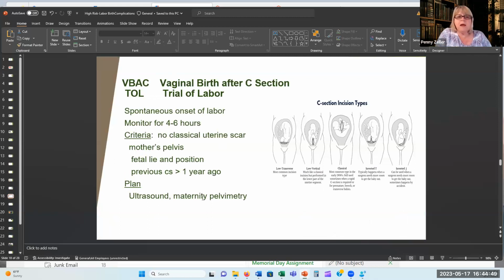There's a term called VBAC and TOL. VBAC means vaginal birth after a C-section or a cesarean surgery, and trial of labor, TOL. If a client delivers their very first baby via C-section and had what's called a classical scar, which is the one in the center here.